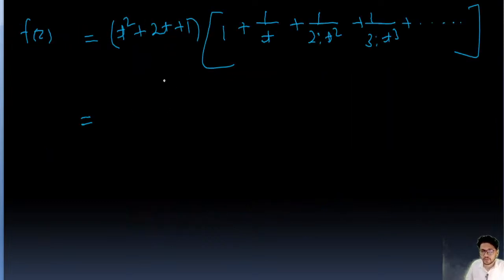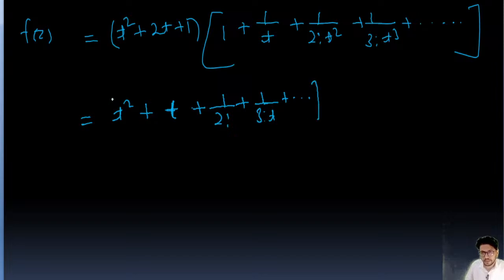Okay, we'll multiply it, so there would be three series, right? The first one, t square times the series: t square plus t plus 1 upon 2 factorial plus 1 upon 3 factorial t, plus so on; this is one term.